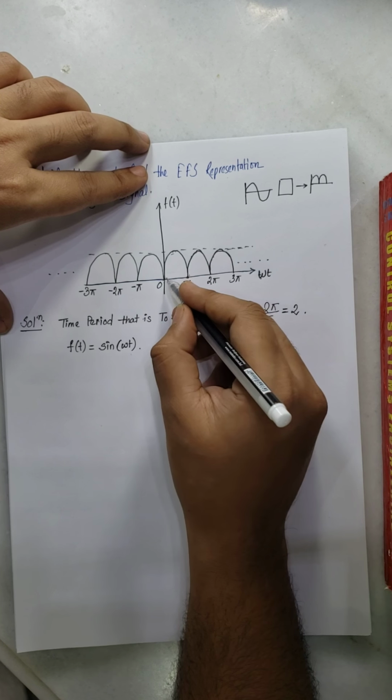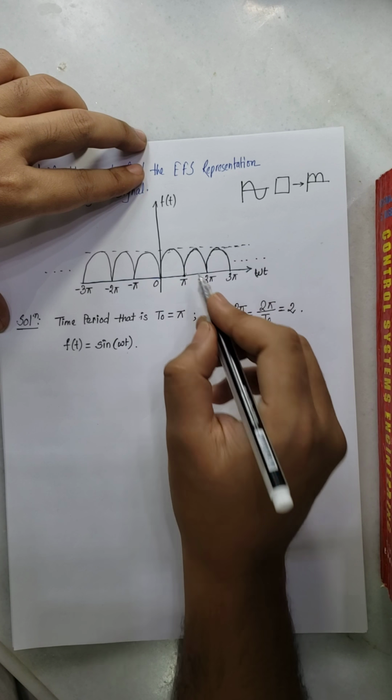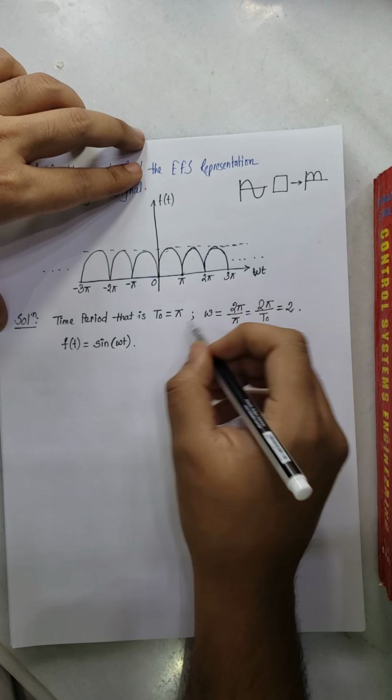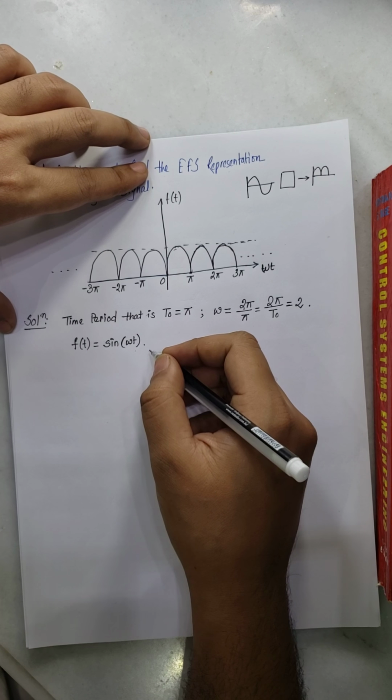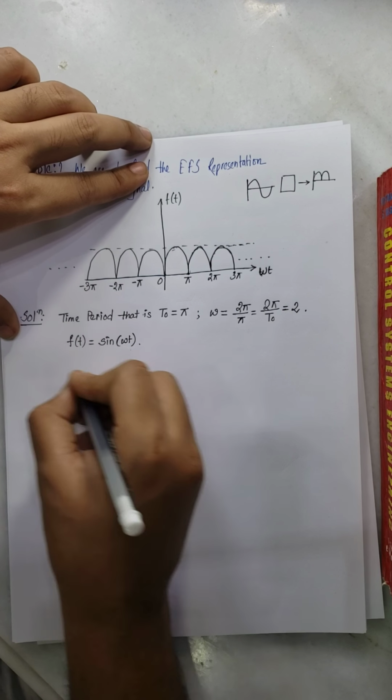The only concern is that from 0 to pi the signal behaves like a sinusoid, in fact a sine wave, so we can write f of t as sine of omega t. Now then, let us go forward and solve for the Fourier coefficients.